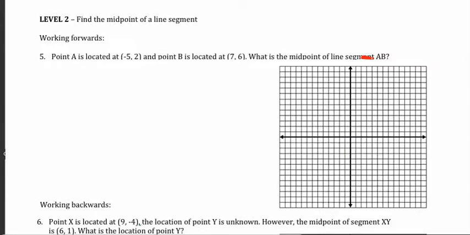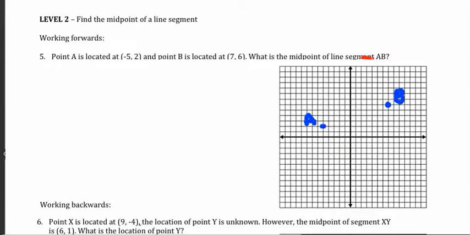So 1, 2, 3, 4, 5, up 2. Okay. That's point A. Suppose I should label it. And point B is at 7, 6. 1, 2, 3, 4, 5, 6, 7. 1, 2, 3, 4, 5, 6. And we want to know what's exactly halfway between the segment here.